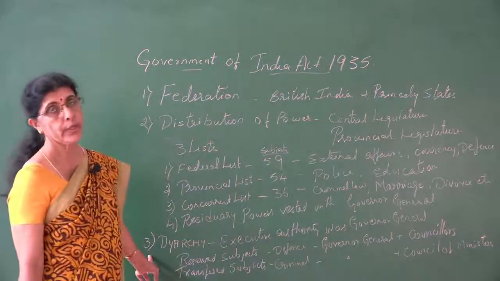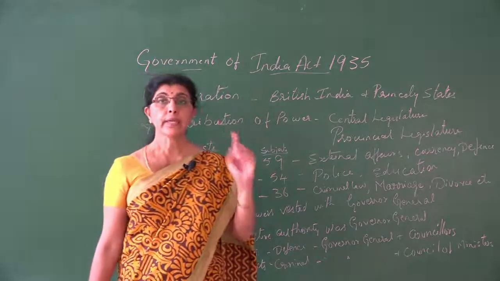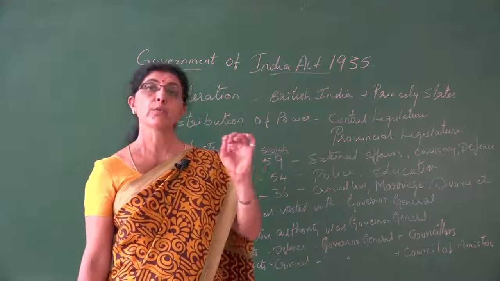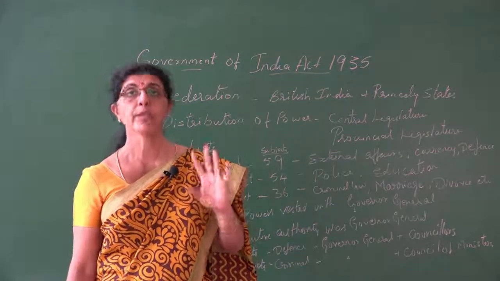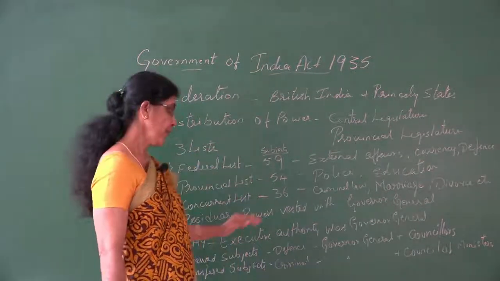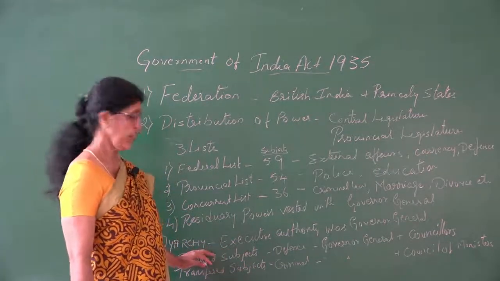Coming to the third one, diarchy. Under the 1919 Act itself, it was specified that we will give India diarchy status, but it was not conferred, whereas in the 1935 Act it has been implemented.